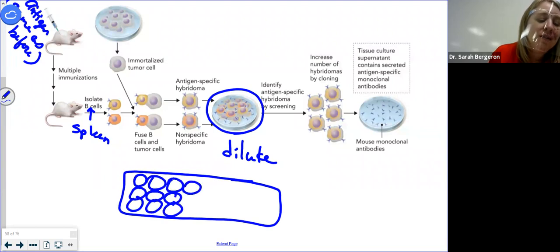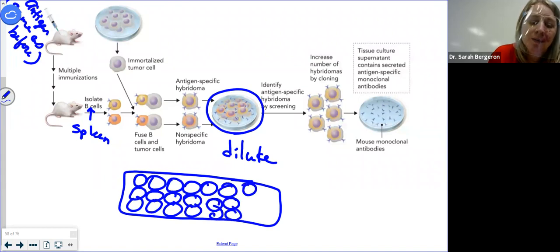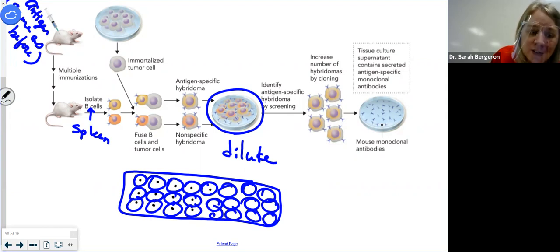And you get one cell in each well, right? So in each well, you only have one of these hybridoma cells. You understand where I'm going with this?